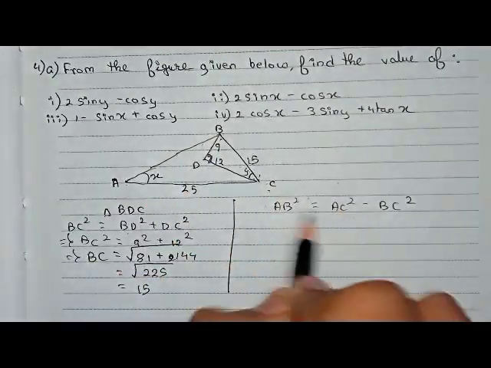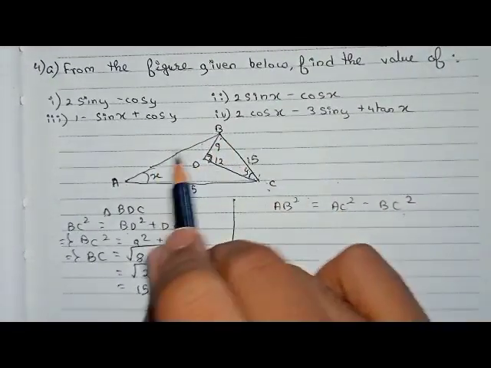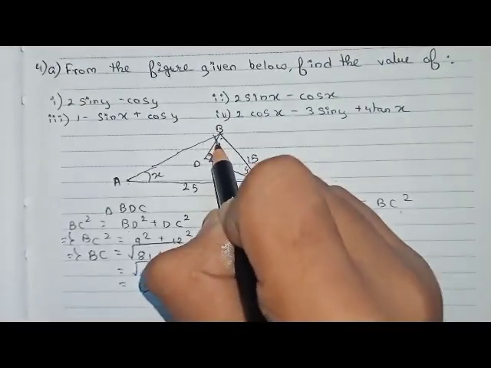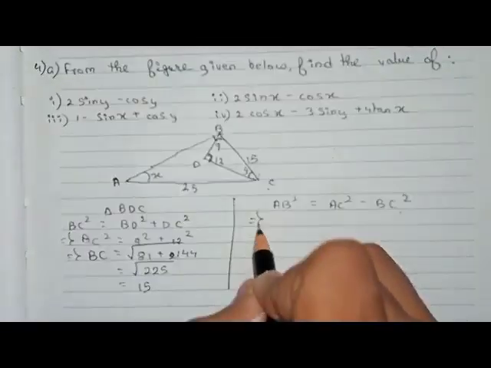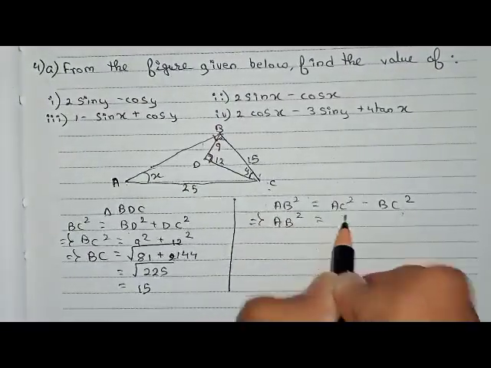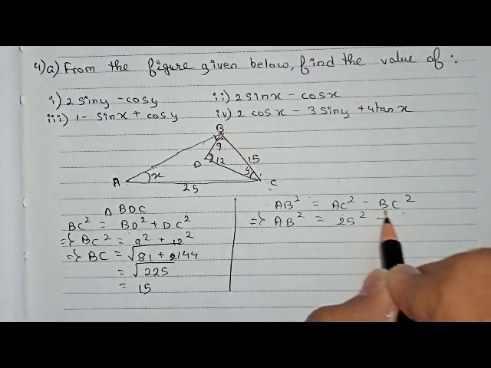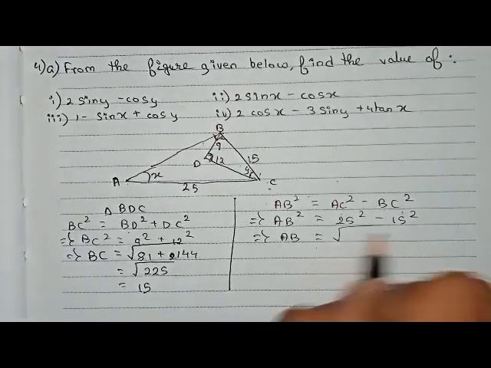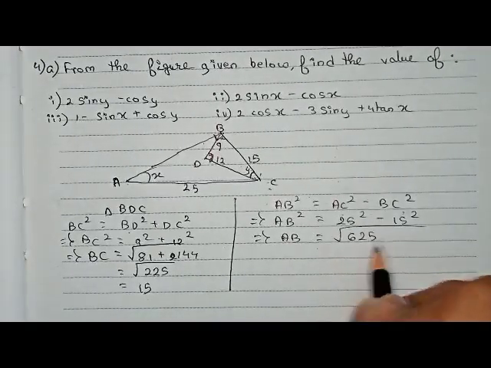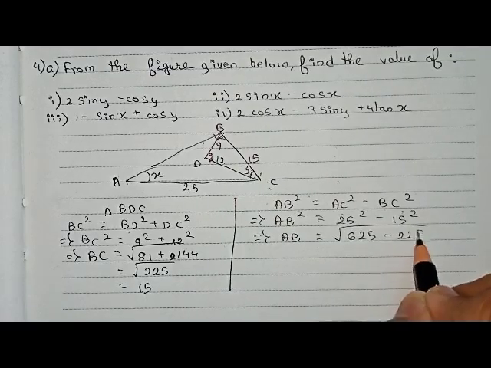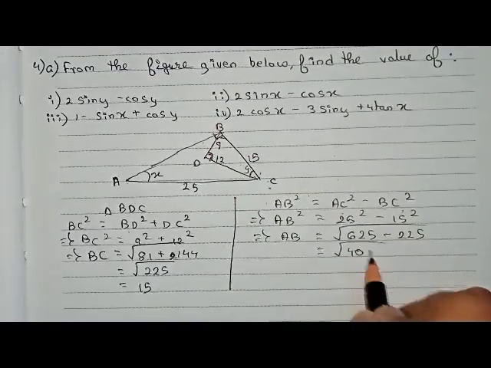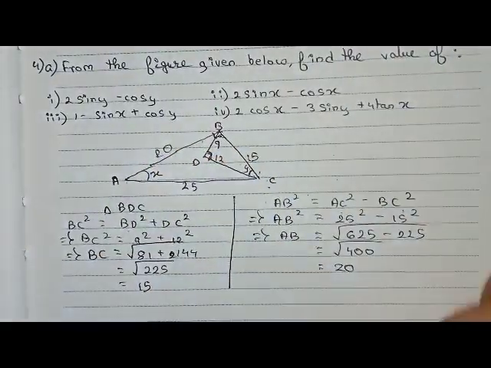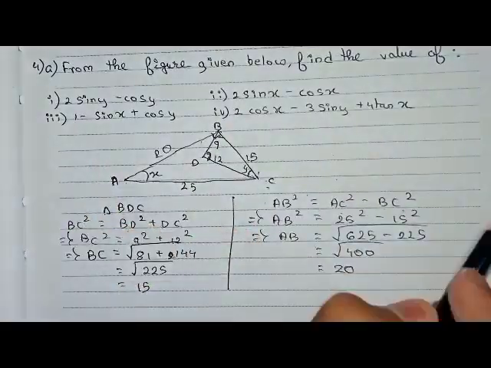In this triangle, AC is the hypotenuse and it is right angled at B. AB square is equal to AC square, that is 25 square, minus BC 15 square. So AB is equal to root over 625 minus 225, which is root over 400, that will become 20. So therefore AB is 20. So you got all the sides of the triangle, and I can easily find out its values.